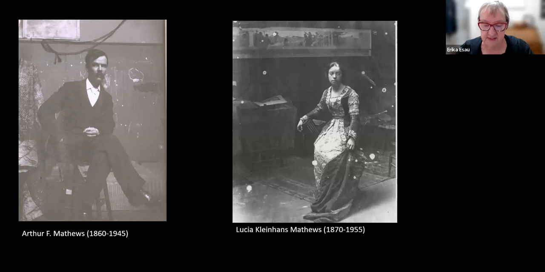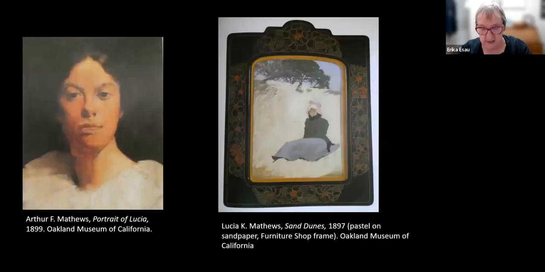Lucia was born in San Francisco, and before her artistic studies, went to Mills College. And Mills was one of the leading advocates in the state for women's higher education. When the Matthews married, they went on a long trip to Europe, where Lucia was able to work in the atelier of James McNeill Whistler, along with many California women.